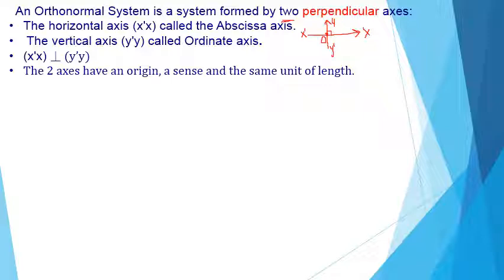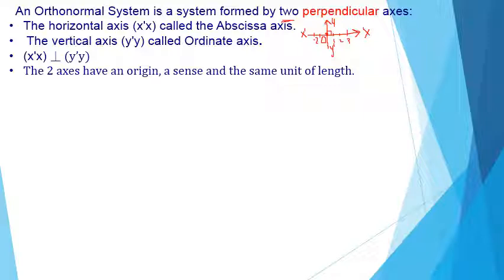A sense means everything here to the right of O in the x-axis is labeled by 1, 2, 3, 4, and so on. While the numbers which are to the left of O towards x prime are -1, -2, -3, and so on.